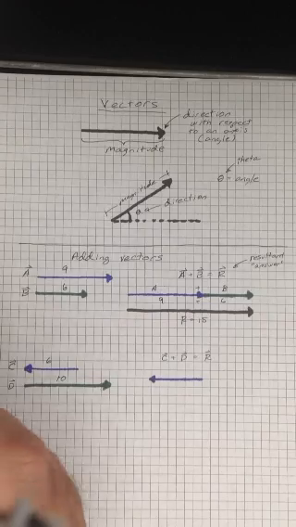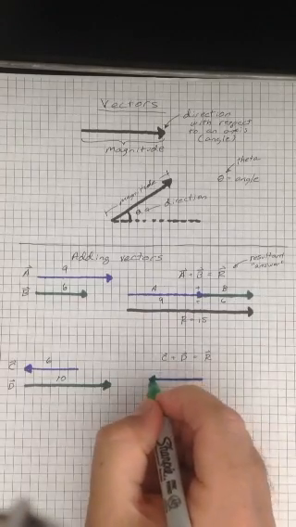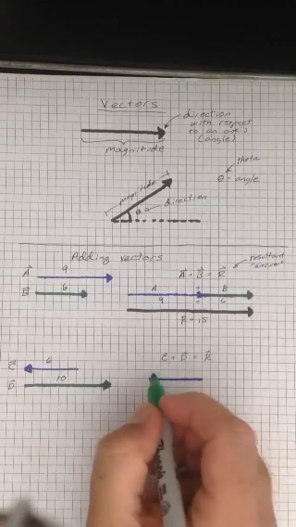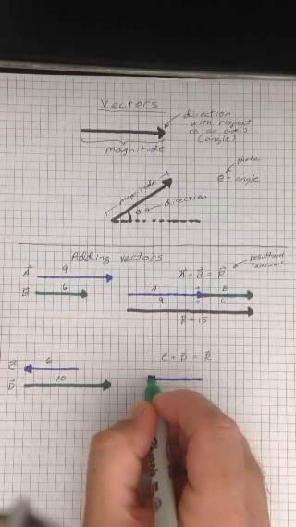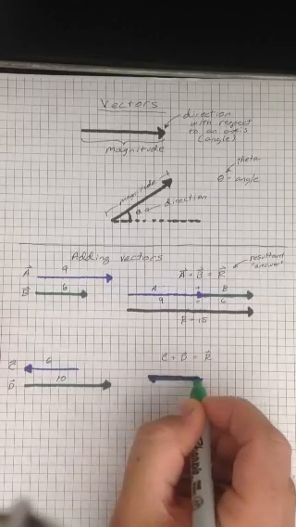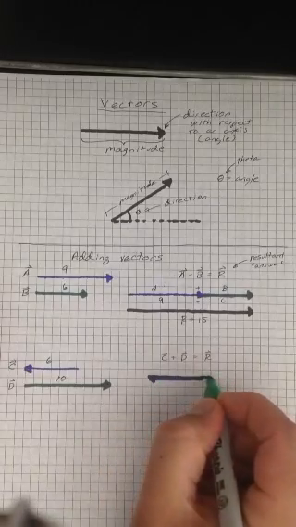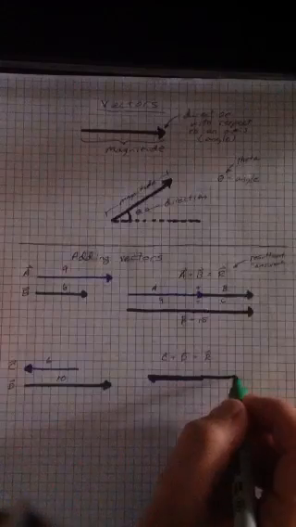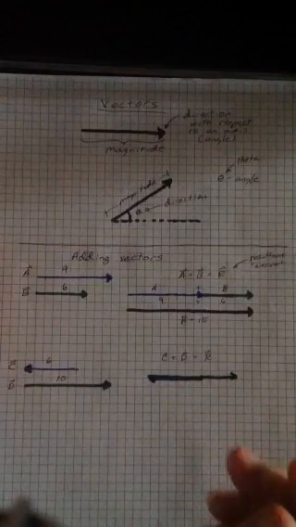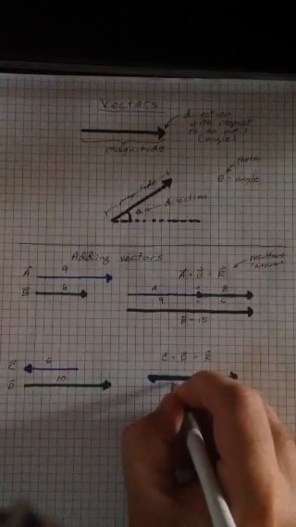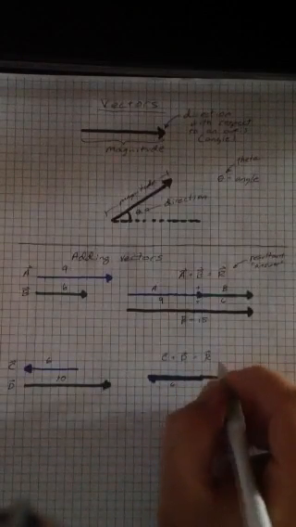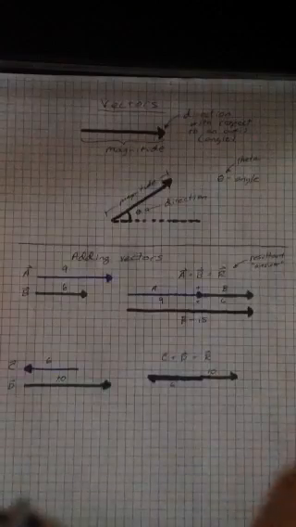Then I'm going to take vector D and place that head to tail, so the tail of D goes right onto the head of C, and I'm going to go back the other direction. That's 6, 7, 8, 9, and 10. And with this, I end up with 6 here and 10 here.